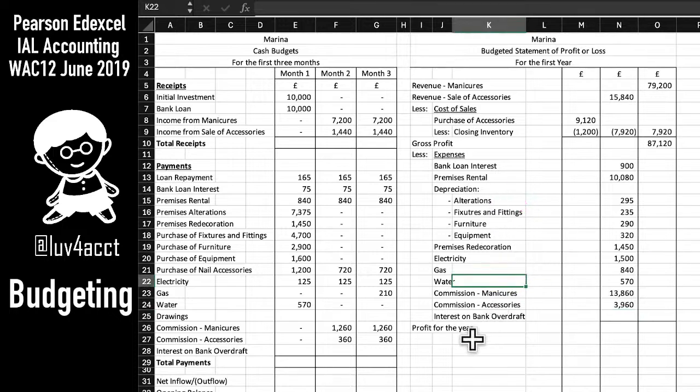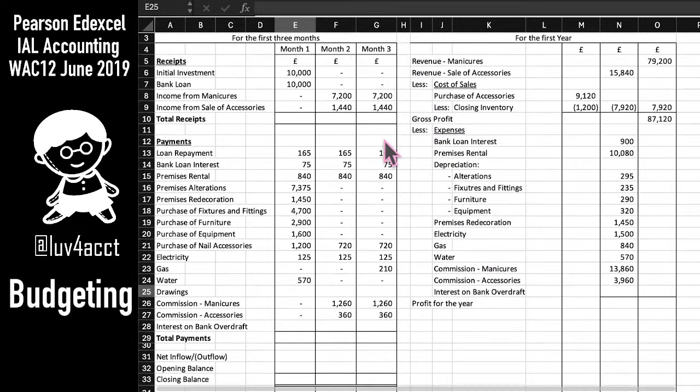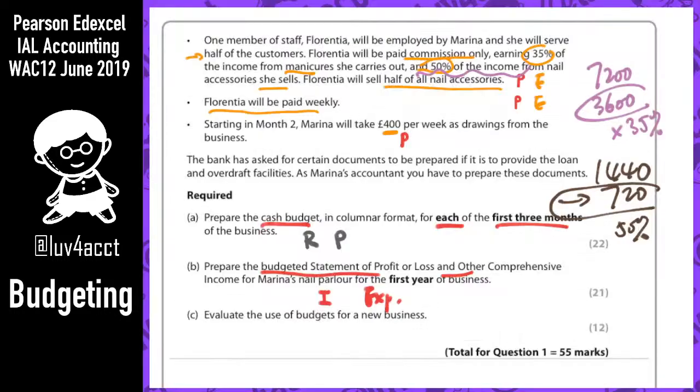So last we have drawings before we can take a look at the balance. Drawings would be, here, 400 per week.